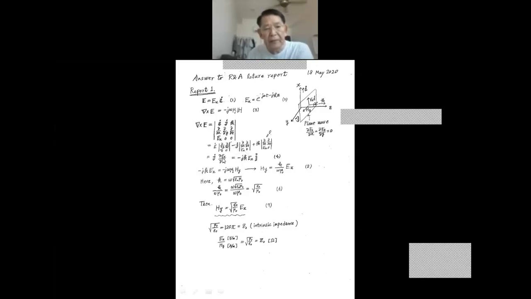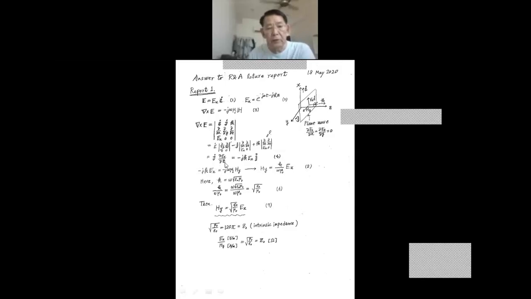So this minus and this minus cancel, and plus j dEx/dz, and the k component is 0 because Ex is a plane wave. Plane wave means the differential of x and y direction is 0. So d/dx, d/dy becomes 0. So the k component is also 0.